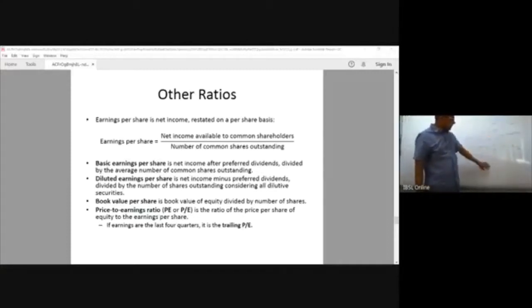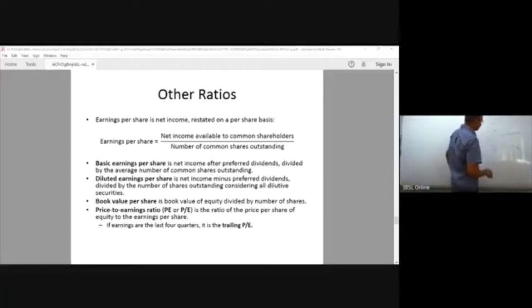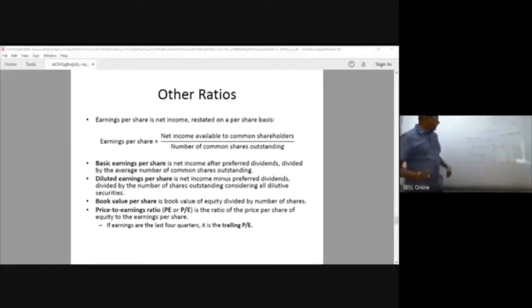We are not in that industry now. Now let us say your share is trading at a market price of 30. If the market price is 30, the P/E multiple is 3 times.